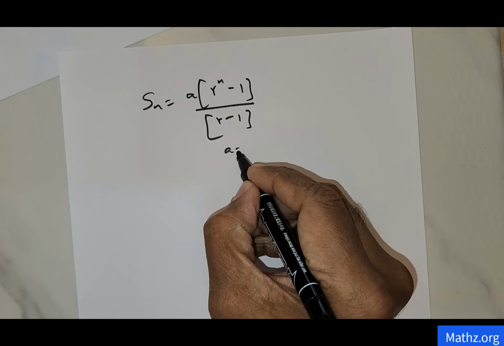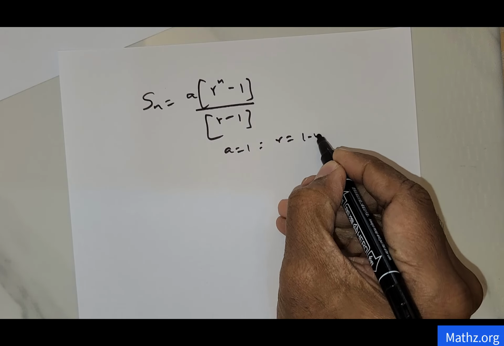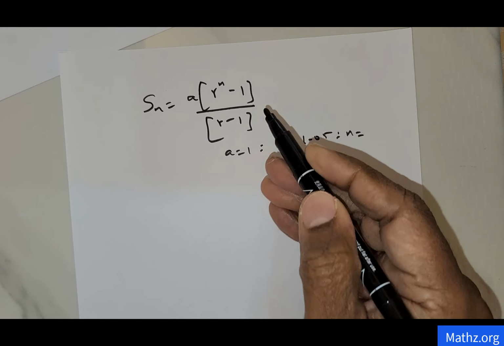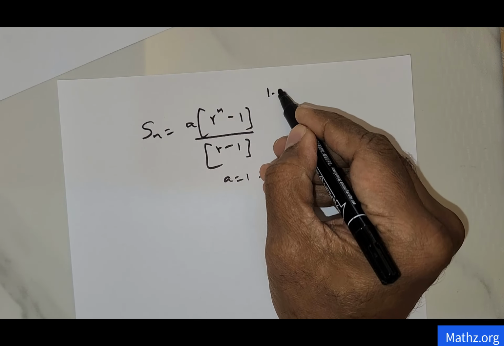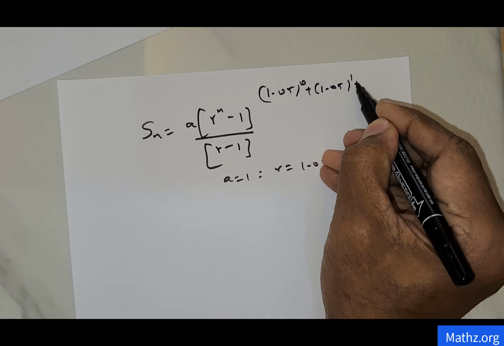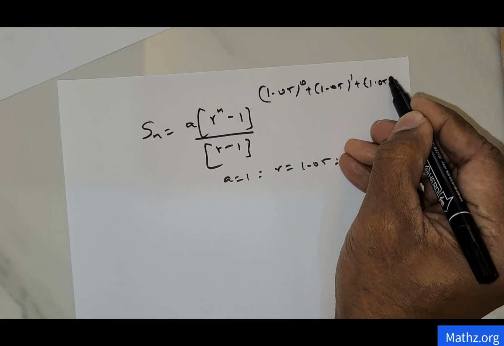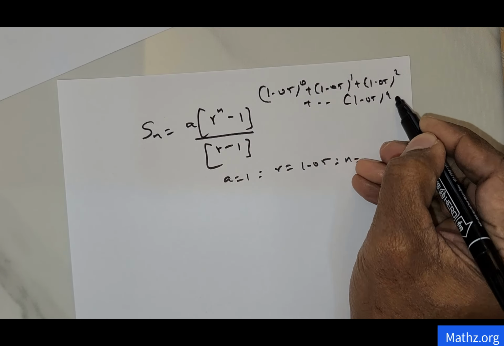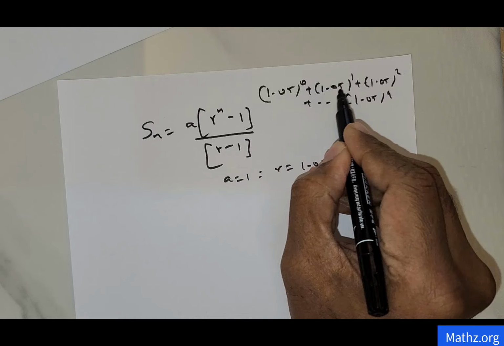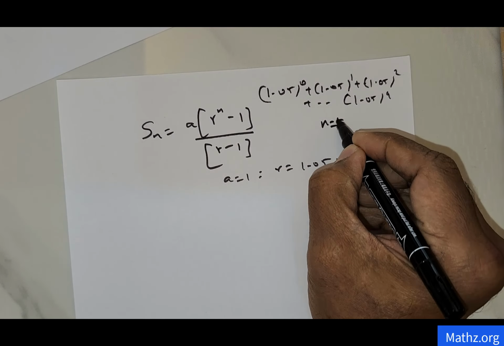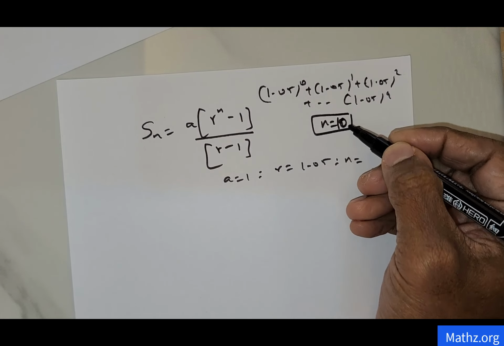Now clearly we know a is 1, r is 1.05. Now n is the number of terms. The total number of terms, actually, we have 1.05 raised to the power of 0, plus 1.05 raised to the power of 1, plus 1.05 raised to the power of 2, plus etc., up until 1.05 raised to the power of 9. Now you need to find the number of terms in all, and clearly n will be equal to not 9 but n is equal to 10.